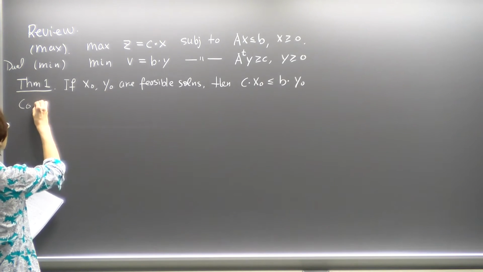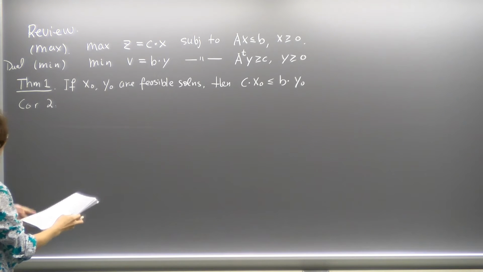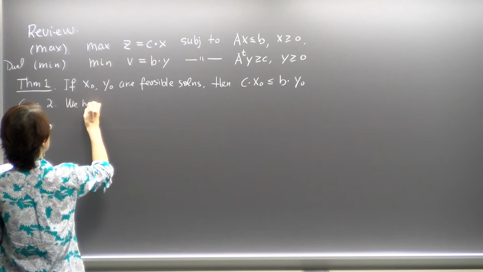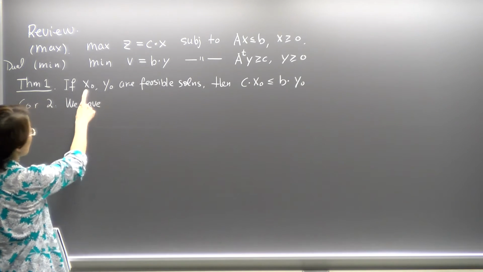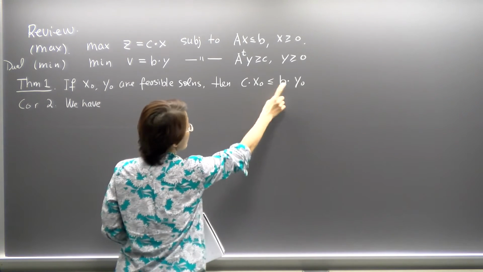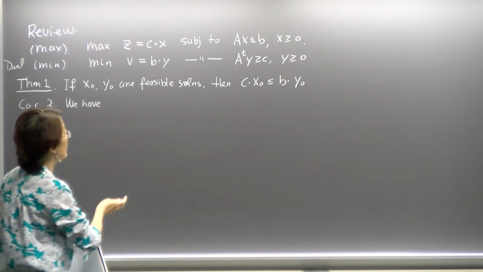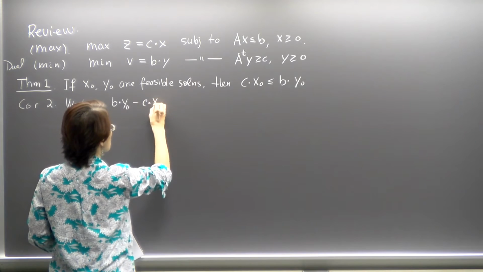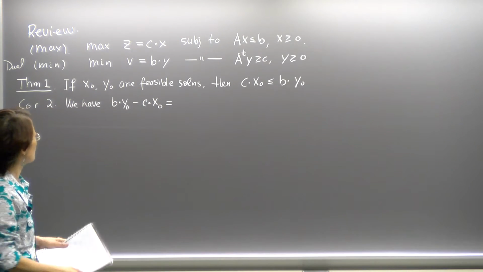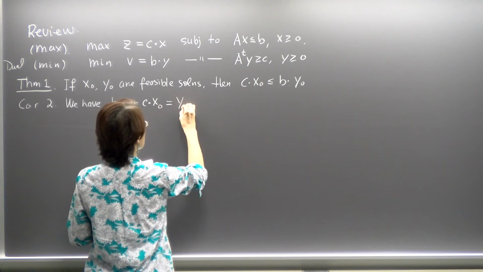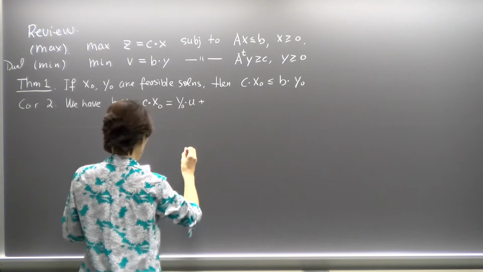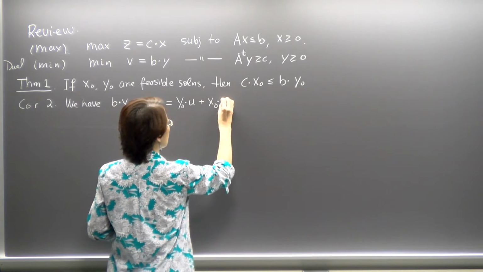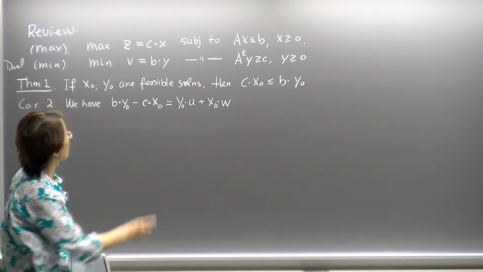All right, so from the corollary to theorem 1 and the proof, we have the following. If you have just two feasible solutions, and you know this one is bigger than that, how much bigger is it? Well, that's determined by the slack. So the difference between these two objective functions equals y0 dot u plus x0 dot w. Now, I used v in the notation last time, which maybe I should not have, because v is here.